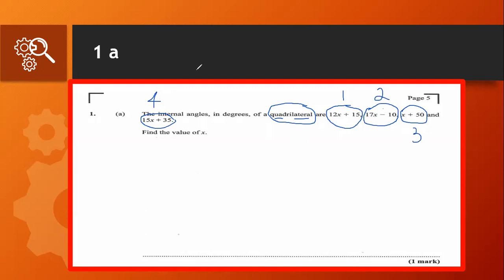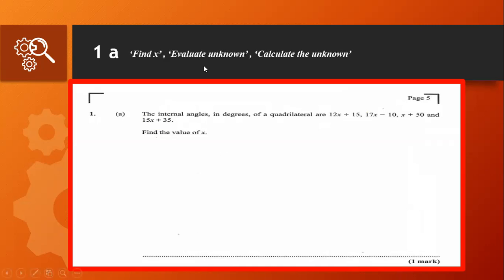So let's go on to what the question is asking us to do. It's saying, find the value of x. Now, anytime we have an instruction like find the value of x, evaluate the unknown, calculate the unknown, it is actually mathematics code for form an equation with the unknown.